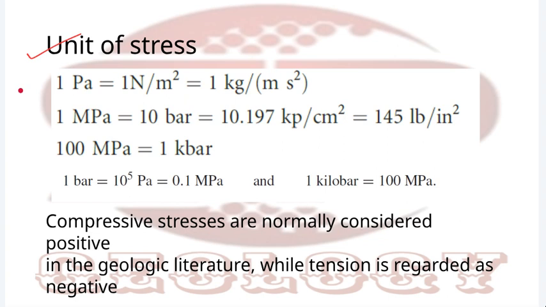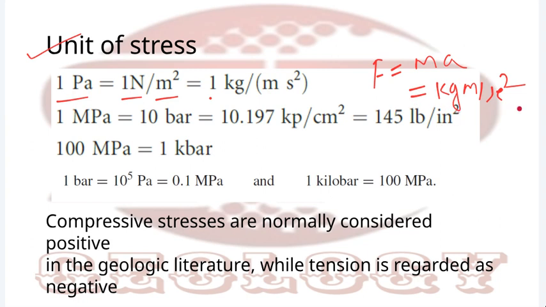The unit of stress is the SI unit Pascal. 1 Pascal equals 1 Newton per meter square. Newton, force equals mass into acceleration. Mass is kg. Acceleration is meter per second square.